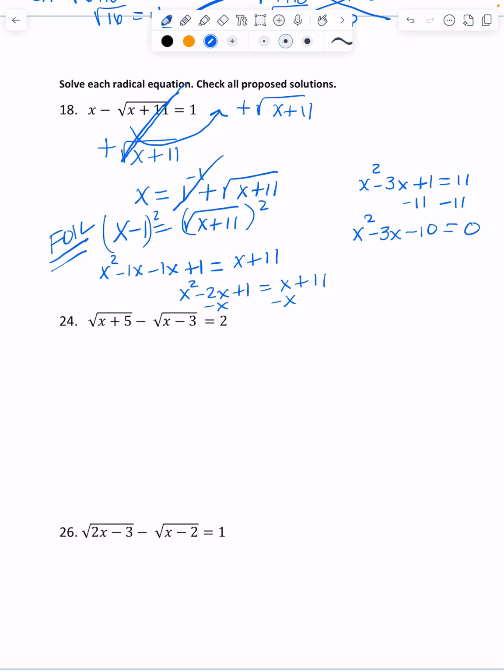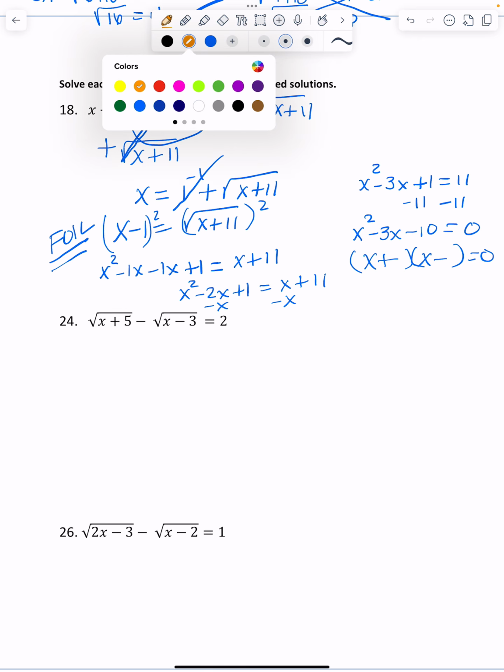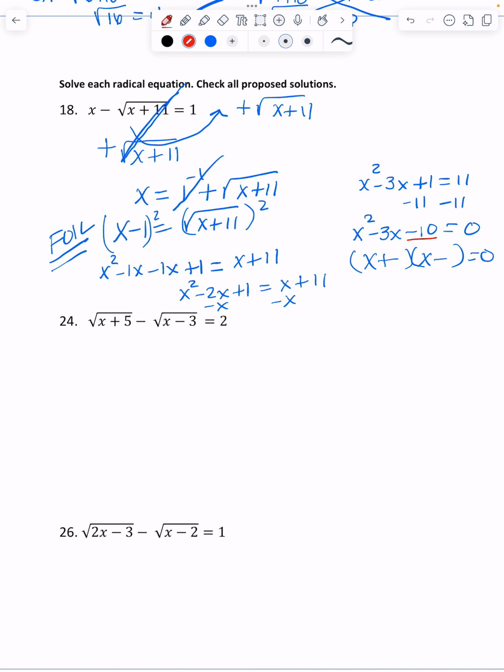This is an easy trinomial that's factorable. X squared is x times x. My signs are plus minus, and I'm looking for two numbers that multiply together to give me my last term of negative 10, but add together to give me my middle term of minus 3.